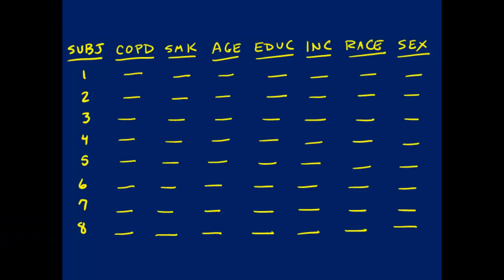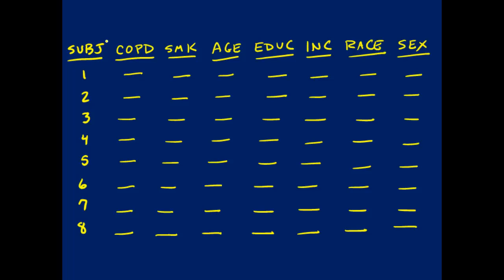So it might be helpful for us to see the target at which we're aiming for our working data. So if we look here, this is a representation of what my working data might look like for my COPD model.